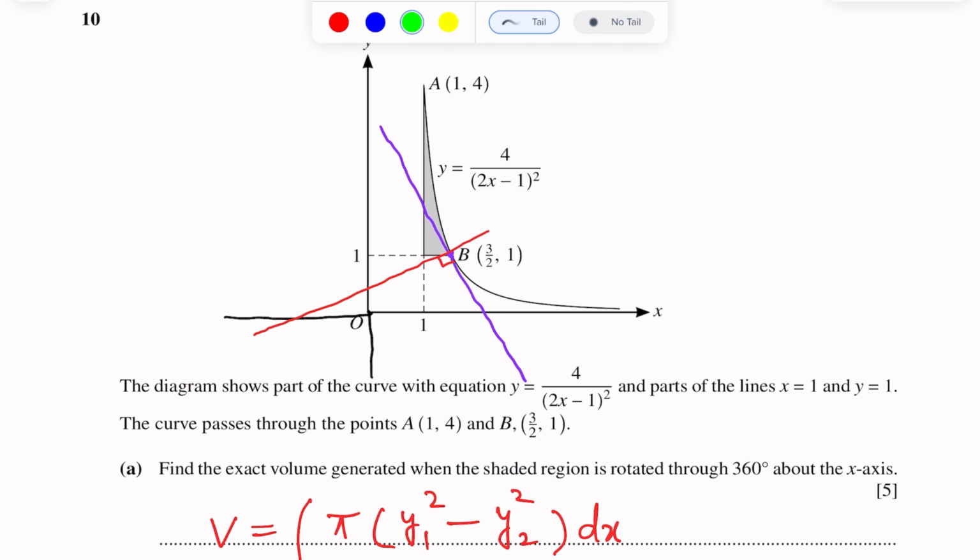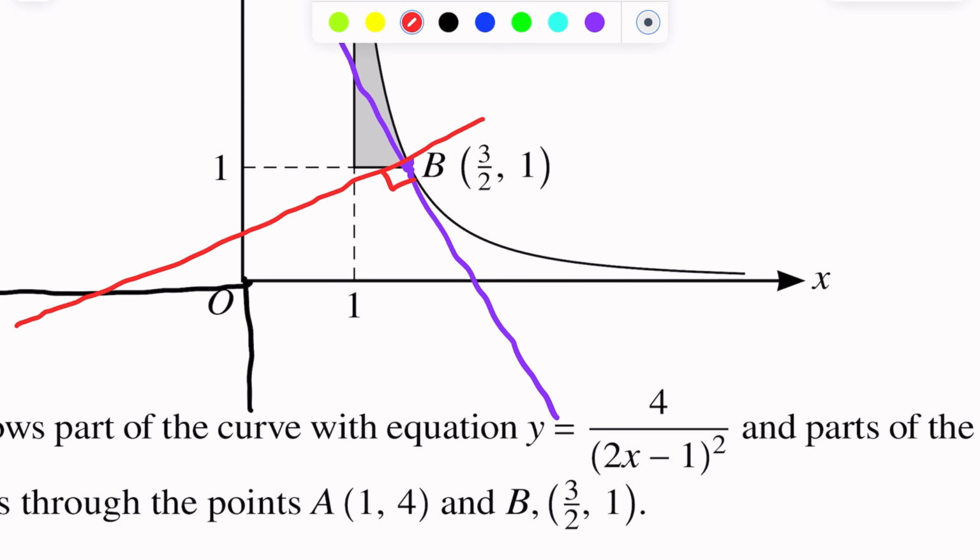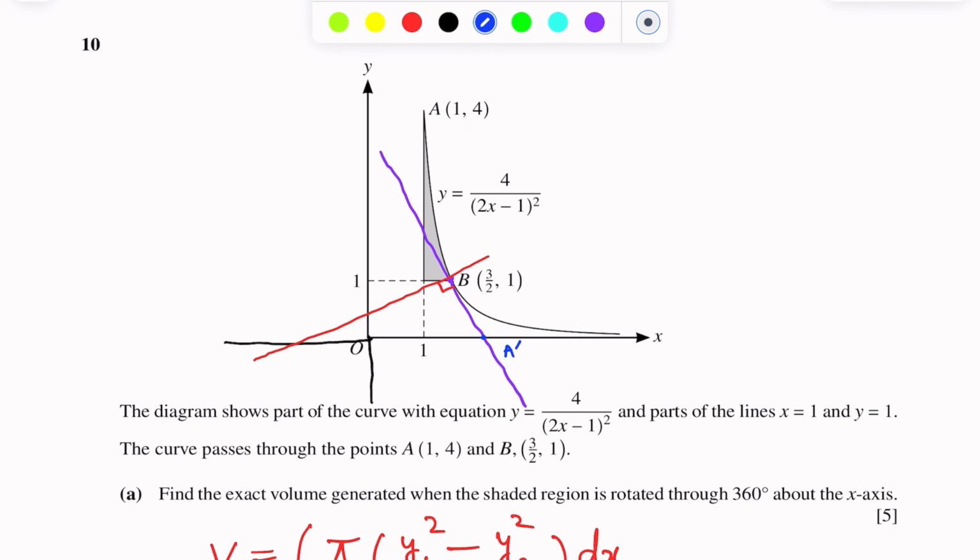Let this point be A dash and this point be B dash. We will find the coordinates of these 2 points, A dash and B dash.